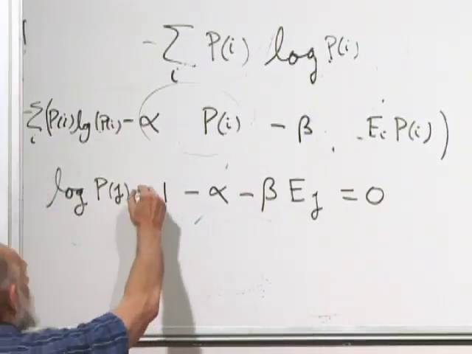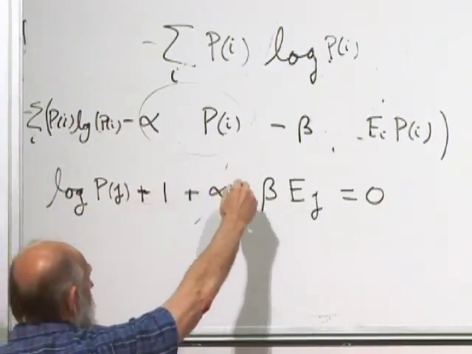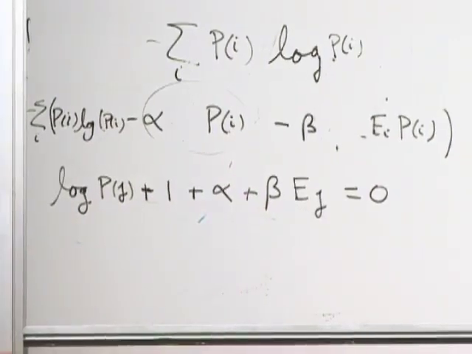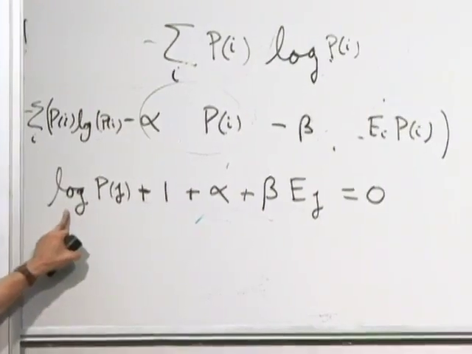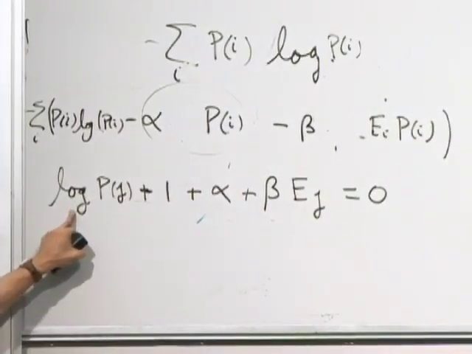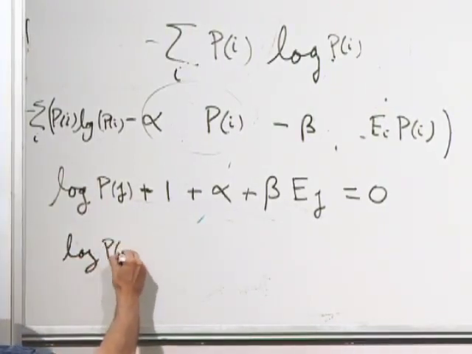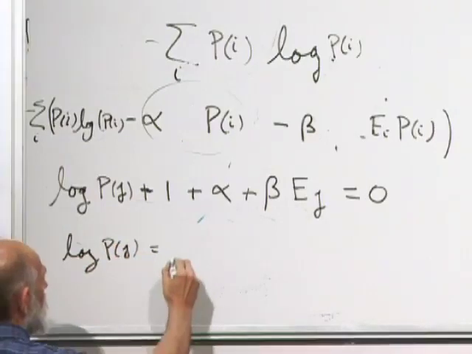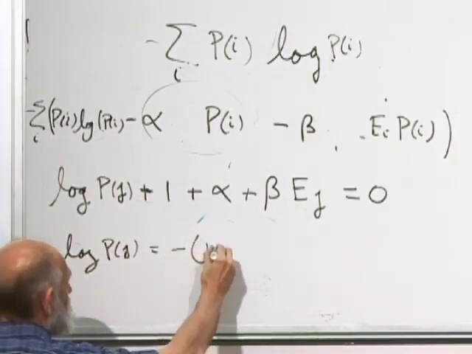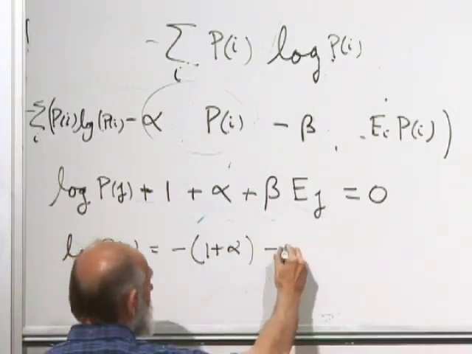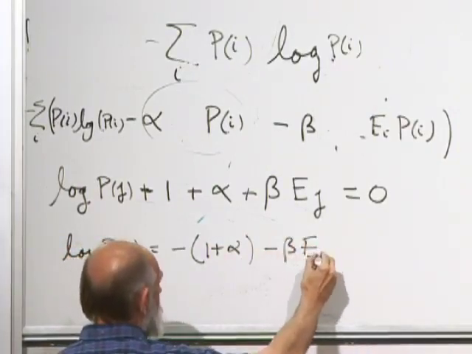Minus, plus, plus, plus. And now what do I have? I actually have the probability distribution, or rather its logarithm. So, logarithm of pj equals minus 1 plus alpha, that's from here, minus beta ej.